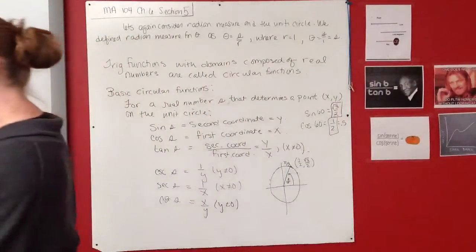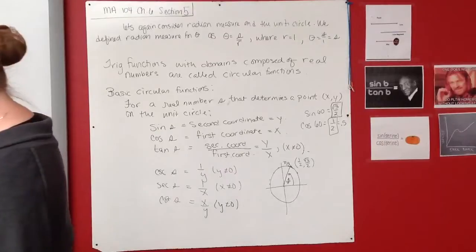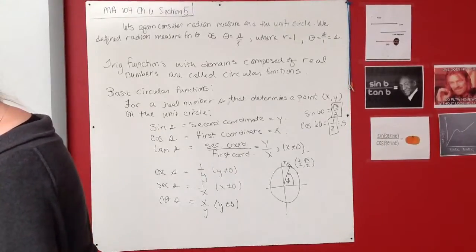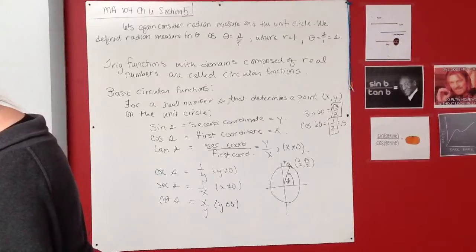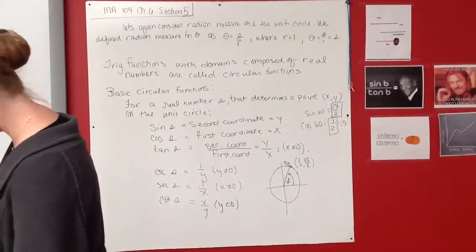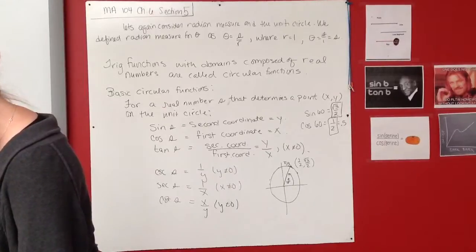And that's just a real quick once-over of how to use that unit circle to find exact values. Now, that is, for the most part, the gist of section 5.